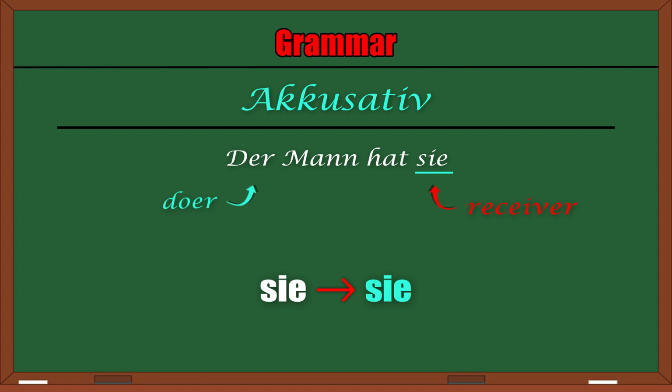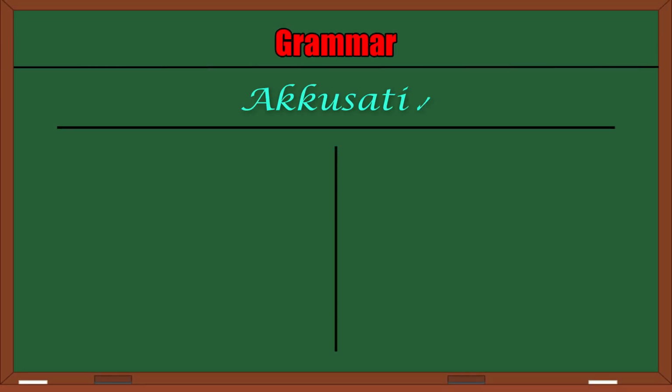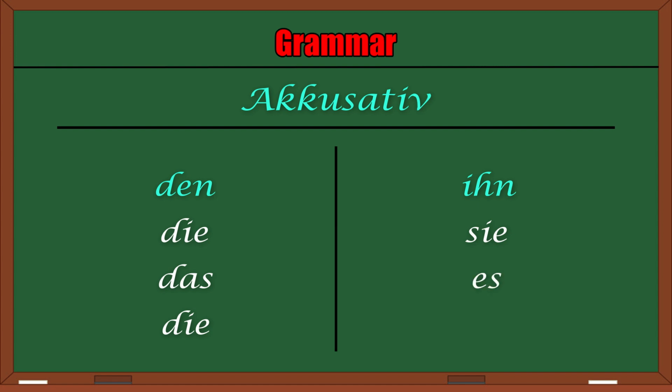If you want to say the child has the knife, das Kind hat das Messer. Das Kind hat es. So you know that the accusative right across the board is den, die, das and die. And you don't want to be repeating the same word all the time. You want a pronoun instead. Ihn, sie, es, and the plural sie. It's as simple as that.